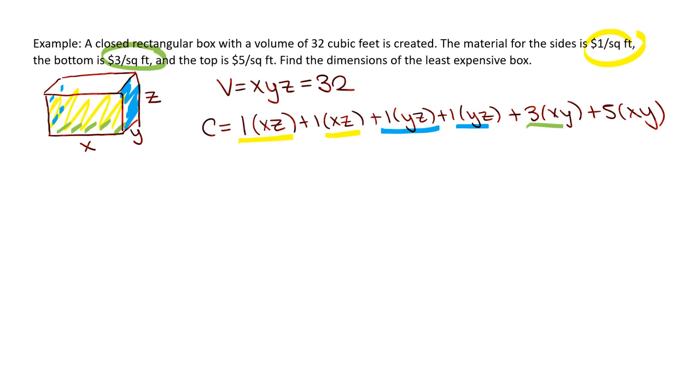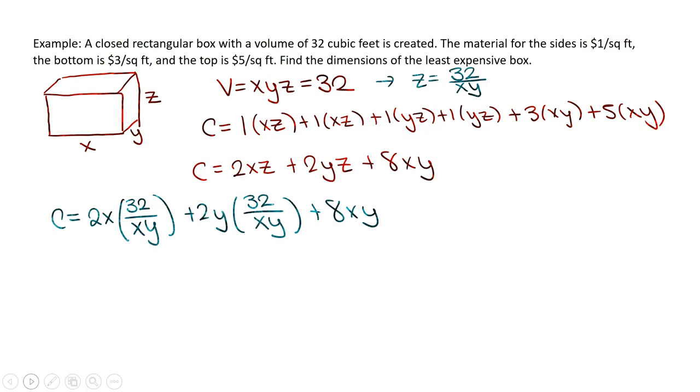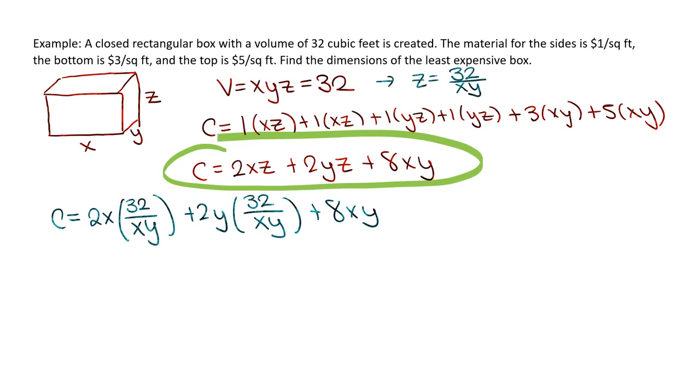So 3 times xy. And then finally the top, which is up here, which is also x times y, is $5 per square foot. So putting together all those costs, adding up those costs times the area of the corresponding side, this equation simplifies down to 2xz plus 2yz plus 8xy. So there's my cost equation.